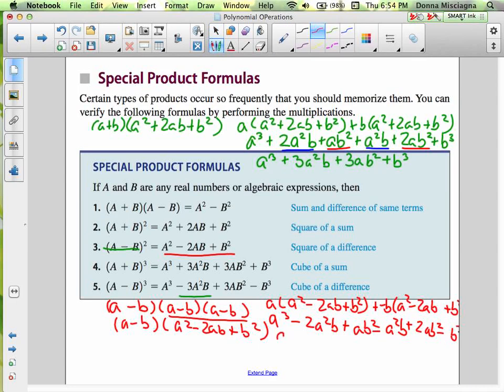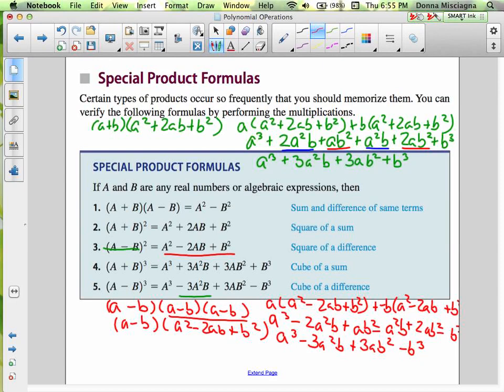And so we have a cubed, negative 2a squared b, another negative a squared b, so that's going to be minus 3a squared b, and ab squared plus another 2ab squared, that's going to be 3ab squared, and then we have a minus b cubed. So notice we have a positive, a negative, a positive, a negative, so that's a way you can remember it. So here I just showed you that these formulas work.